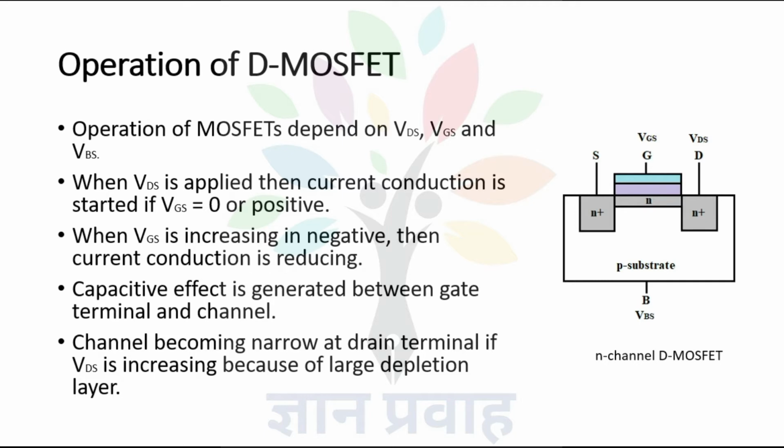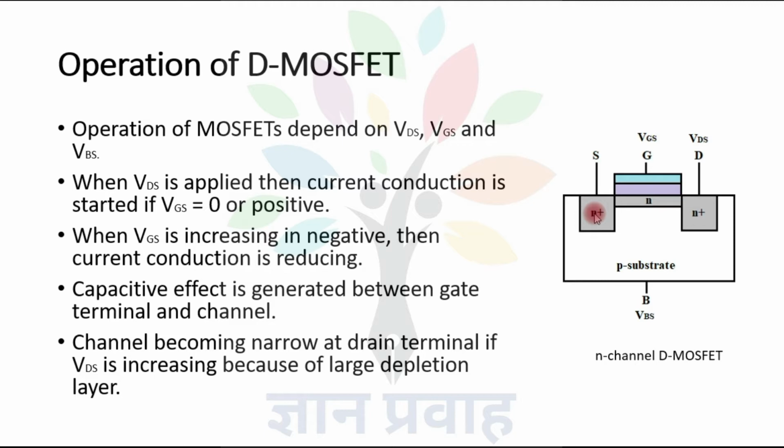Initially, when we are not applying any VGS voltage and apply only the power supply, due to the VDS voltage, current conduction is there because a conducting path exists between the drain and source terminals: N plus region, N plus region, and electrons are flowing through this path.